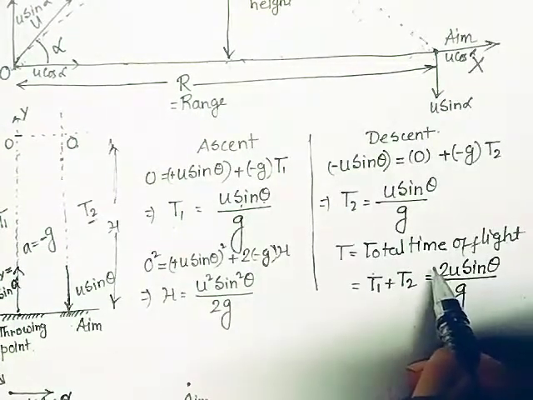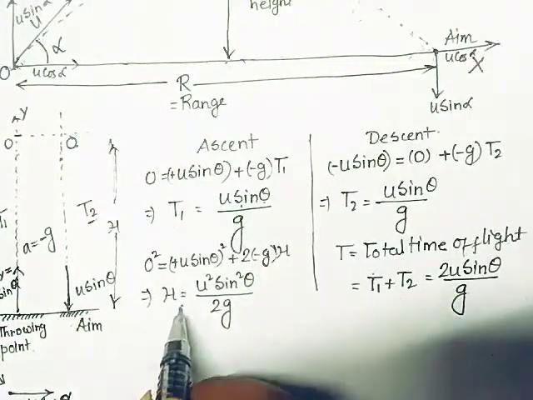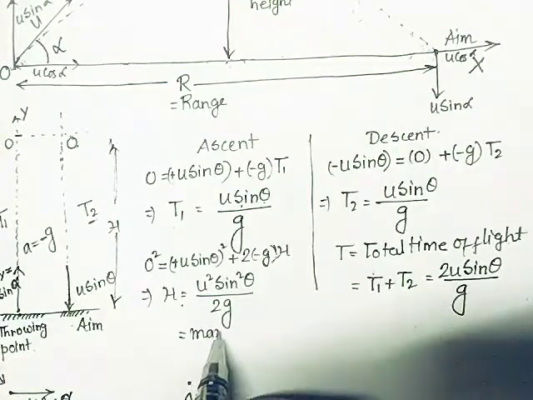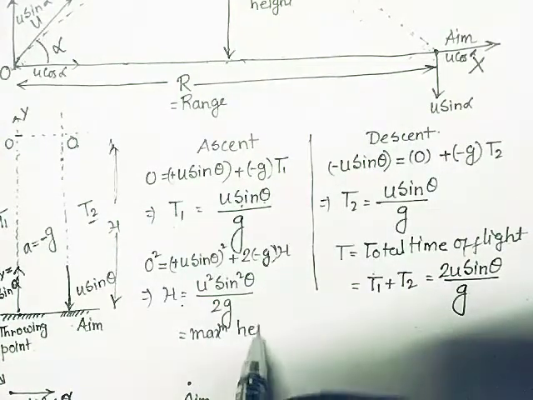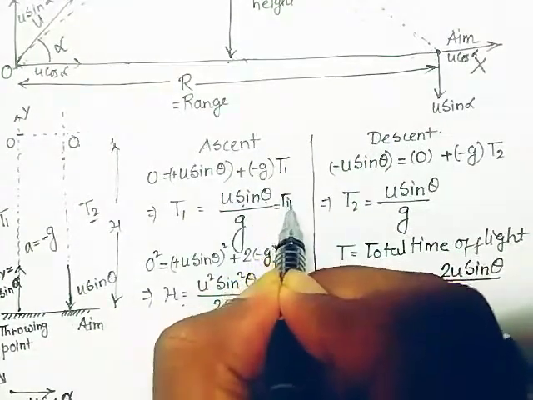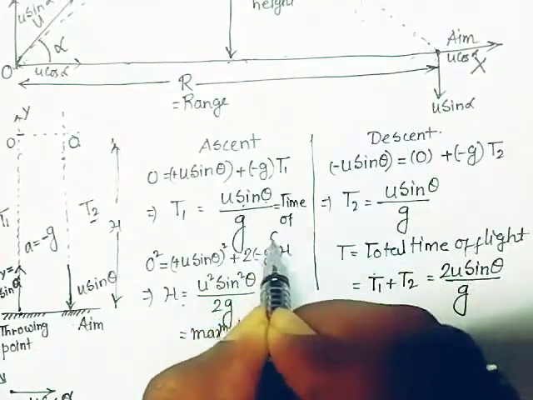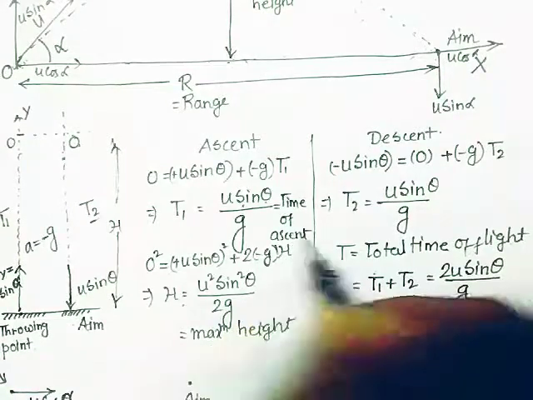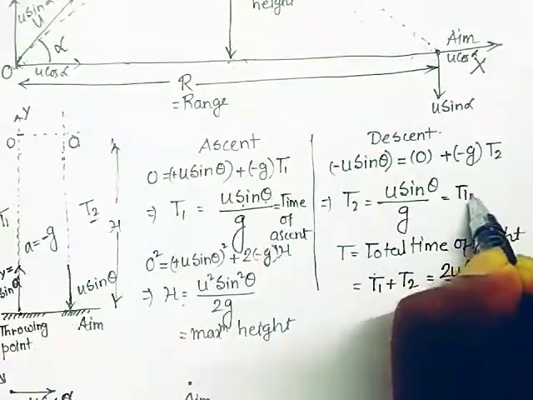So we get the total time of flight, we get the maximum height. Here we get the time of ascent, and here we get the time of descent.